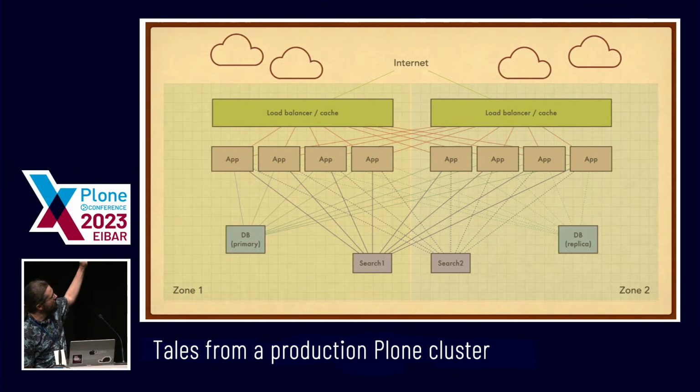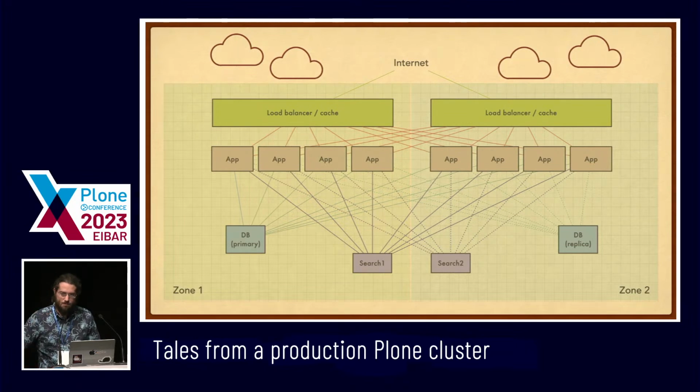So the green stack is the web stack or the front end stack. It has Traefik as a load balancer and Varnish as a cache. The traffic from the internet is going to look up where to go in DNS. It's going to get the IP address of one or the other of our front-end machines and start there.